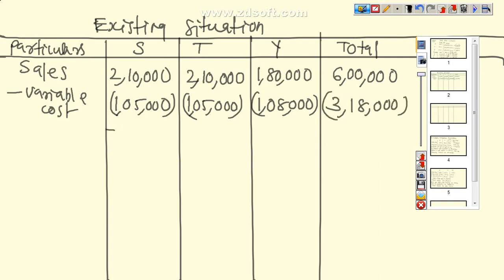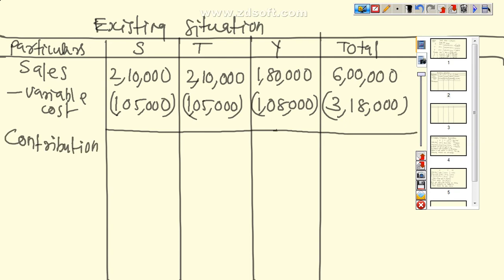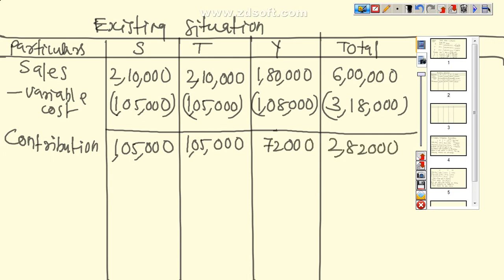So sales minus variable cost, that answer we term as contribution. So we write here contribution. Contribution is equal to 1,05,000. Here again 1,05,000. Here we are getting the answer of 72,000. Here it is 2,82,000. Now we have to deduct fixed cost.